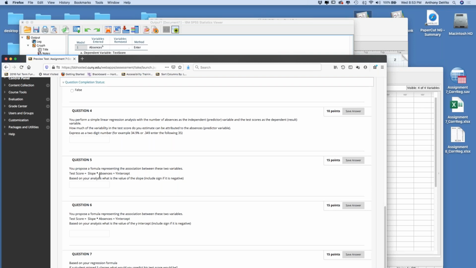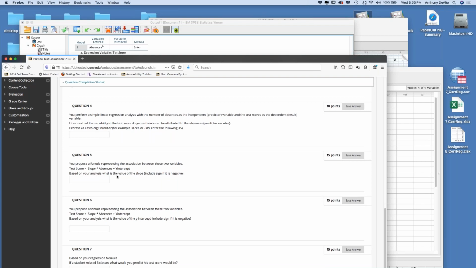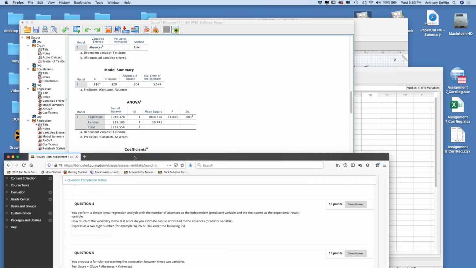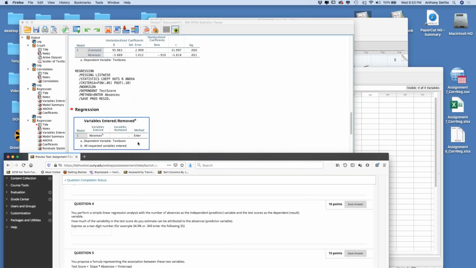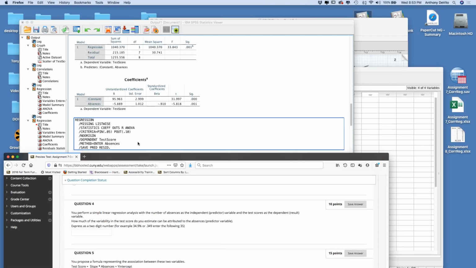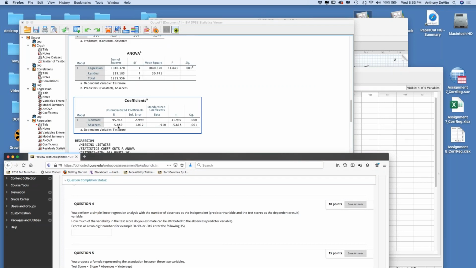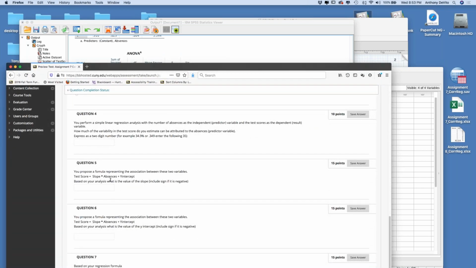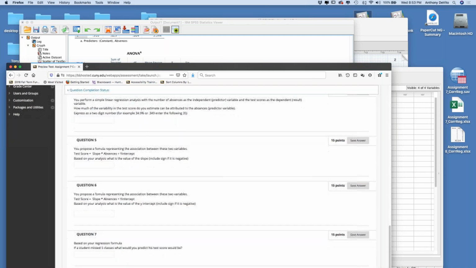So what's the slope? Based on your analysis, what is the value of the slope? Include the sign if it's negative. The value of the slope was, where is it? There it is up here. The value of the slope was negative 5.89. So negative 5.89 would be the answer to that question.